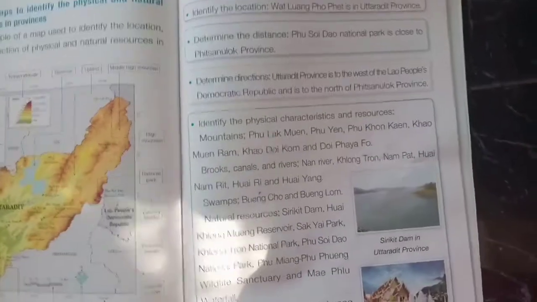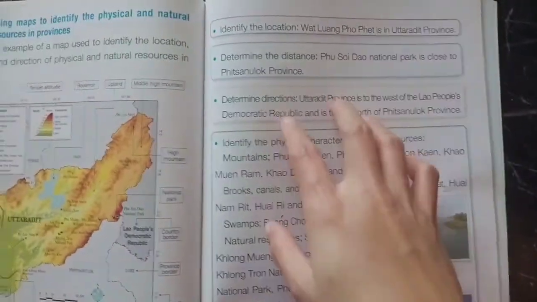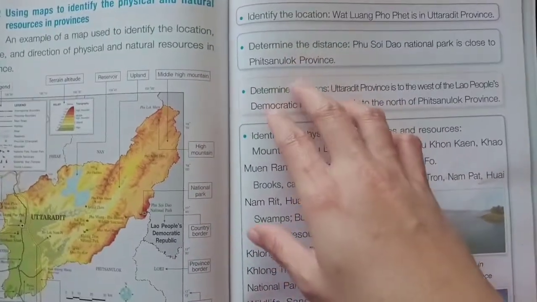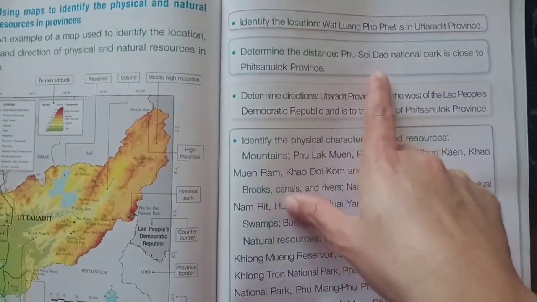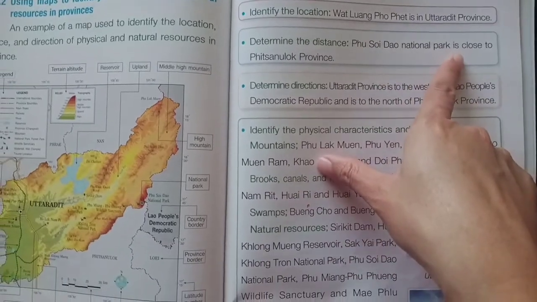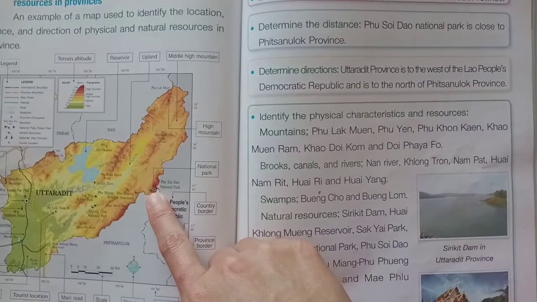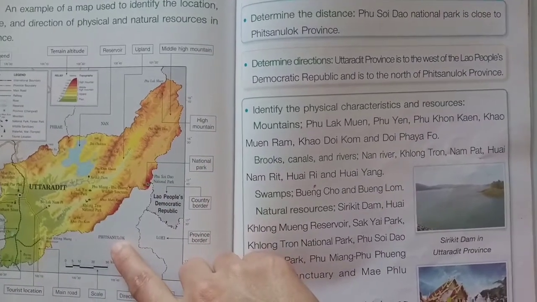So by looking at this map, you are going to know everything that was written in here. So for example, sorry if my video is a little bit blurry because of the lights. So we have National Park is close to Pitsanulok province. So we have here National Park, and then this is Pitsanulok province.